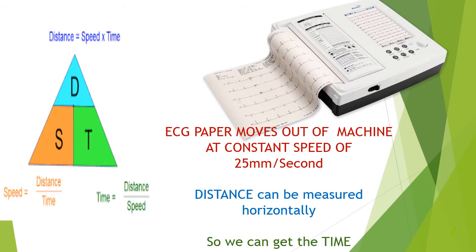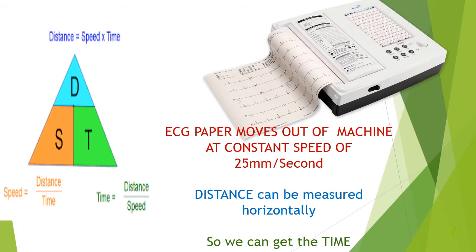And for each 5 millimeters measured on the ECG paper, it will equal 5 divided by 25, equaling 1/5 of a second, that is 0.2 seconds, that is 200 milliseconds.